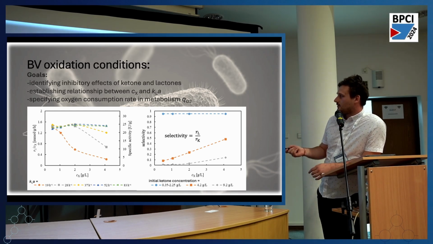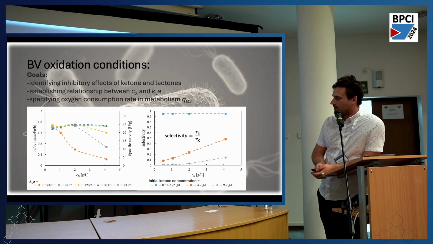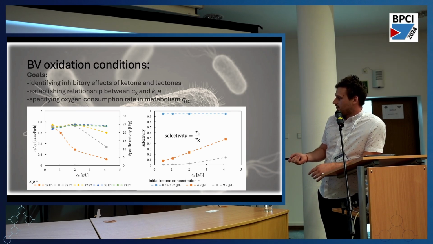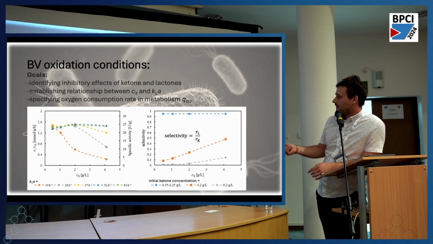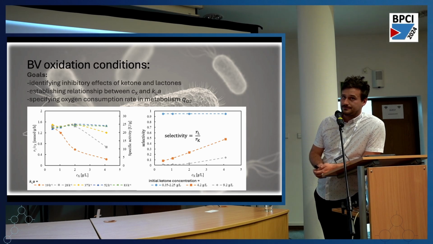Moreover, it was found that the ketone concentration has a strong inhibition effect, where, as you can see, an initial concentration of ketone exceeding 4 grams per liter exhibits inhibition, whereas the selectivity of the reaction is lower.